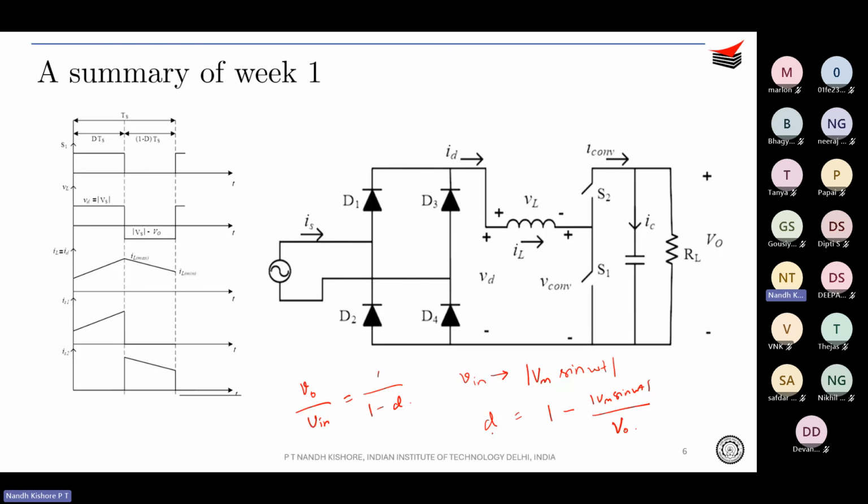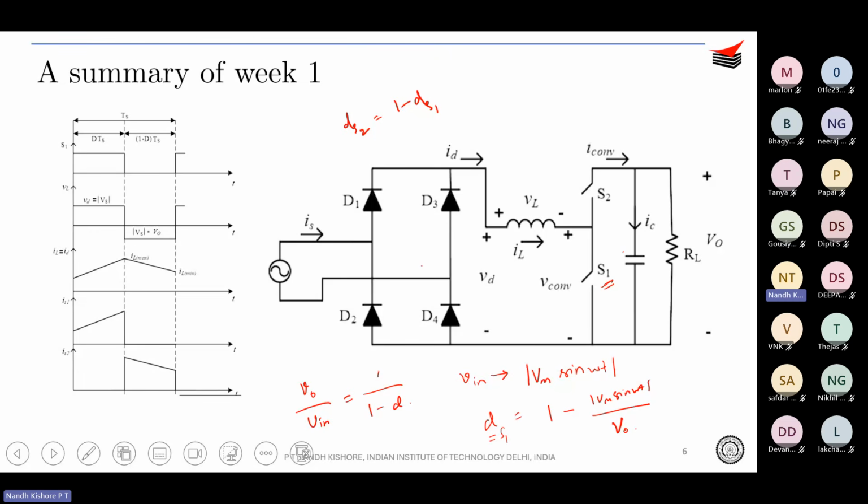And what does this duty correspond to? Does it correspond to S2 or S1? You know that duty corresponds to the active device, which is basically S1. So D is for S1. Obviously, what would be for S2? DS2 would be basically 1 minus DS1, just complementary operation.